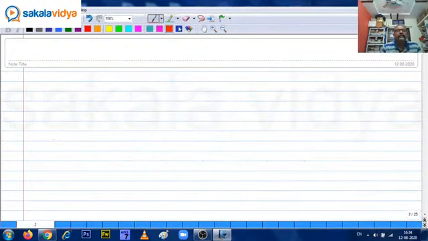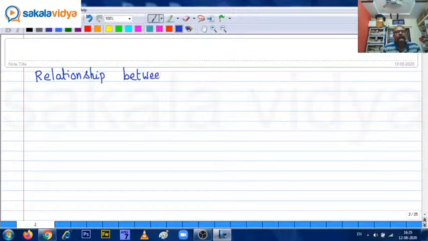So next, this is very important: the relationship between roots and coefficients.